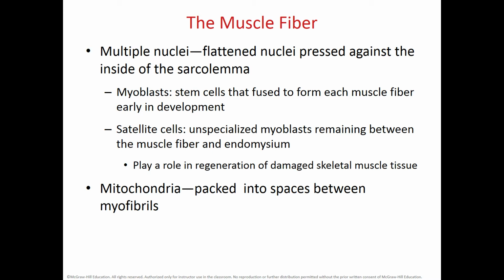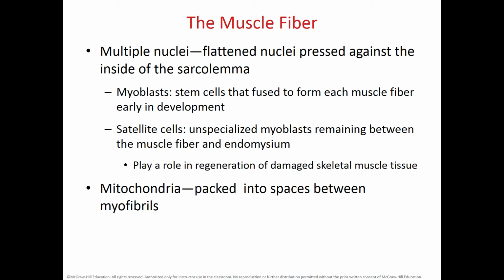Myo is for muscle and blast for immature cell. Remember what I told you about this suffix of words. Whenever you hear the ending blast in cells, that means immature cells. So the myoblasts are the immature cells that are going to make the muscle fibers.